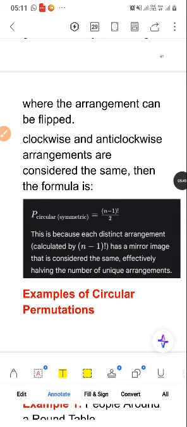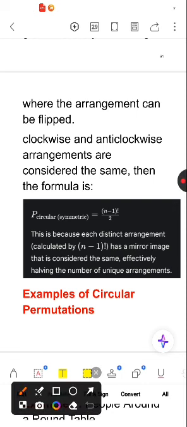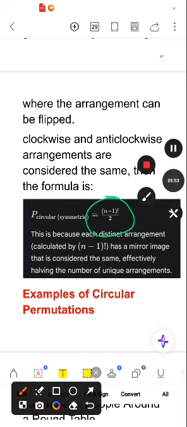This is the formula to use. You take the same formula you use for circular permutation and just divide it by 2. That's all. Just divide it by 2 and you're good to go. That's how the formula is used.